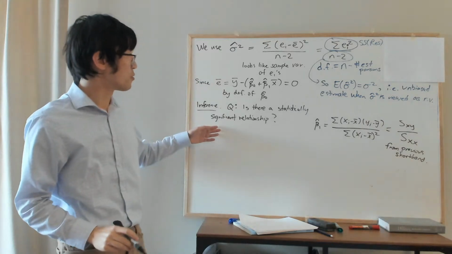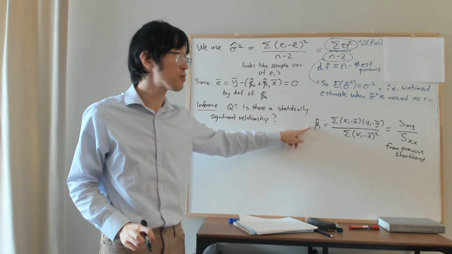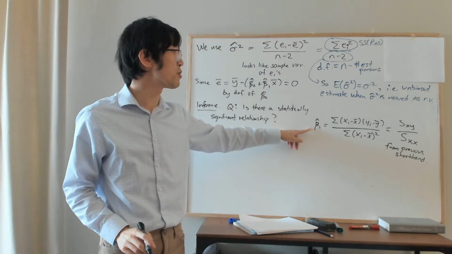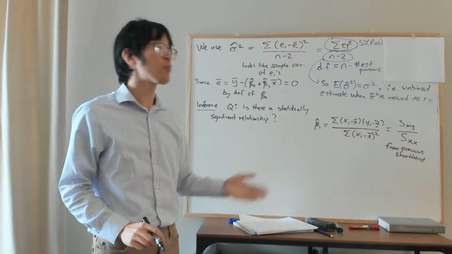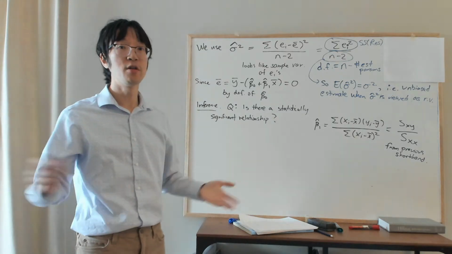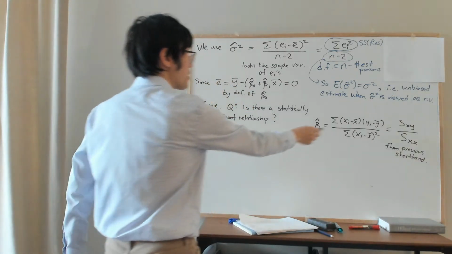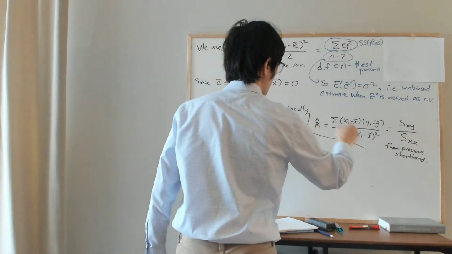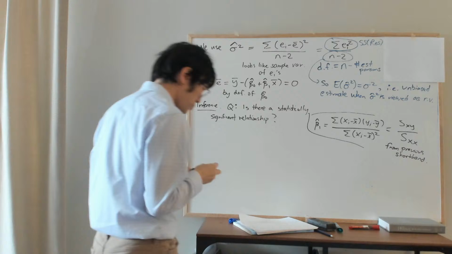In order to do that, we're going to take a closer look at our estimate, beta 1 hat, because this is the parameter that tells us how y changes with x. I'm going to leave this guy here for a moment. I'm going to look at this as a random variable and show you how to do that.